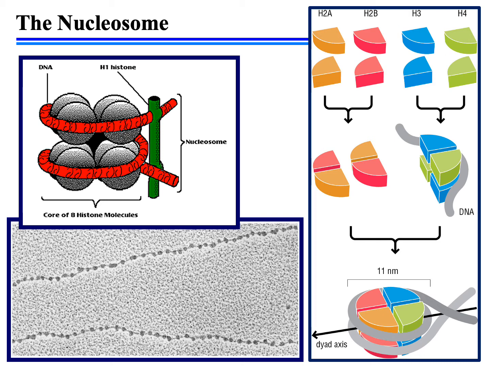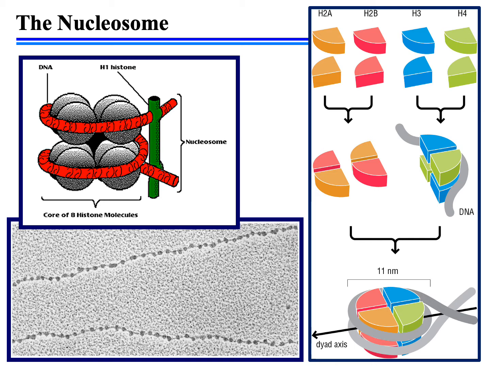It has a net negative charge, and so these proteins, the histones, have a net positive charge, and the interaction between the positively charged histones and the negatively charged DNA holds the two of those things together. These histone proteins are composed of lots of lysine and arginine amino acids, which again are positively charged.